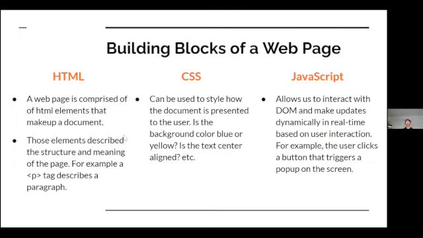Those elements describe the structure and meaning of the page. For example, the P tag is essentially a paragraph, and the div tag stands for division, so like a division on the page. And a BR tag is a break, so like a line break.